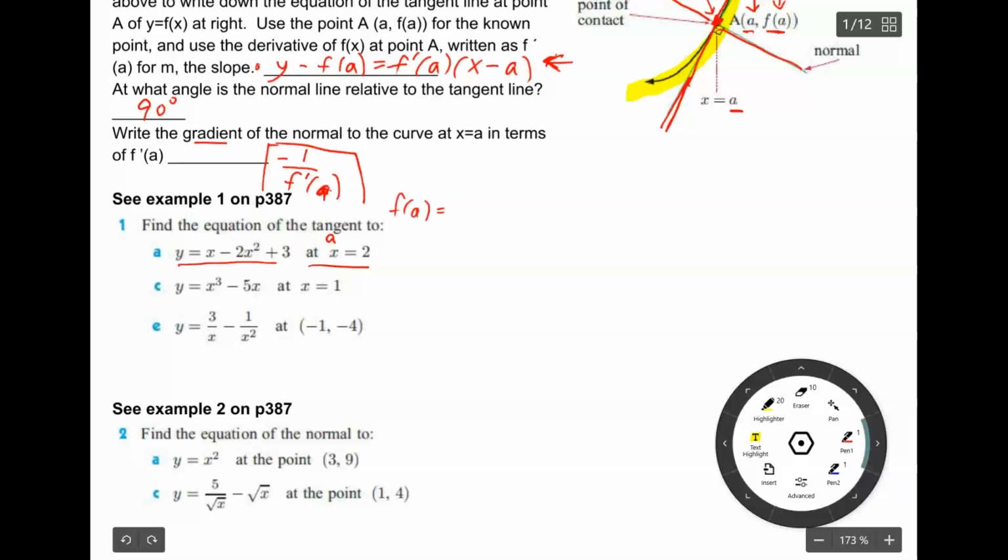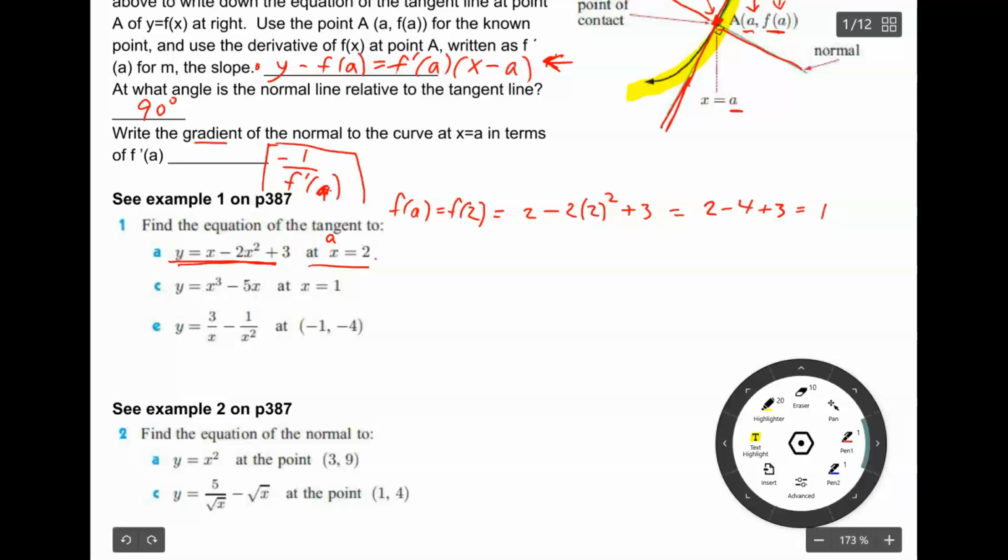F of a would be this function with 2 filled in. So it would be f of 2, which is equal to 2 minus 2 times 2 squared plus 3, which would be 2 minus 4 plus 3, which is equal to 1.